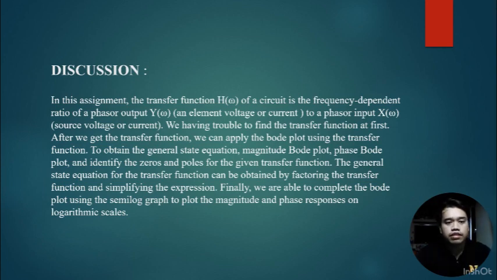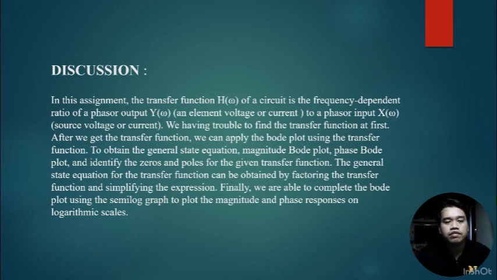In this assignment, the transfer function H of omega of a circuit is the frequency-dependent ratio of a phasor output Y of omega, an element voltage or current, to a phasor input X of omega, a source voltage or current. We had trouble finding the transfer function at first.